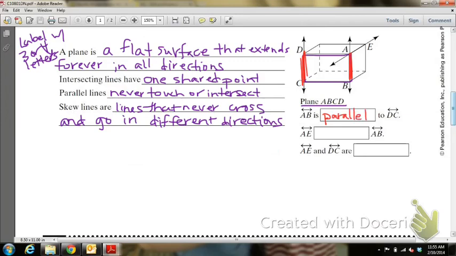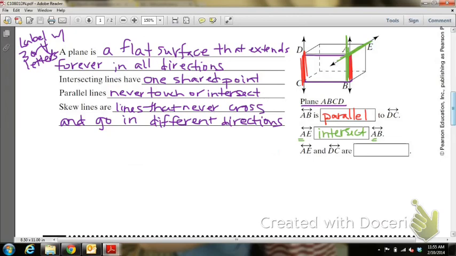Now what about AE up here, the next one, is what to AB? Well, AE and AB, they intersect. They meet at point A, and you can see they have a letter in common. That's their shared point.